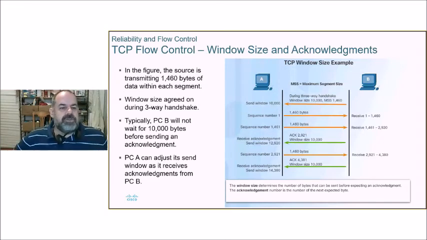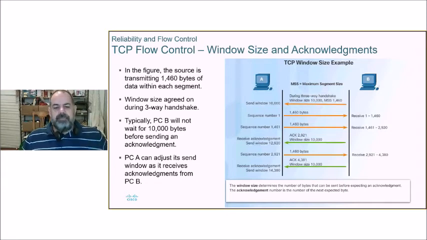So in the figure, the source is transmitting 1460 bytes of data within each segment. The window size is a number agreed on during the 3-way handshake. So there's not just SYNs and SYN-ACKs. There are fields for these things. And so typically a PC will not wait for 10,000 bytes before sending an acknowledgement. PCA can adjust its send window as it receives segments from PCB.